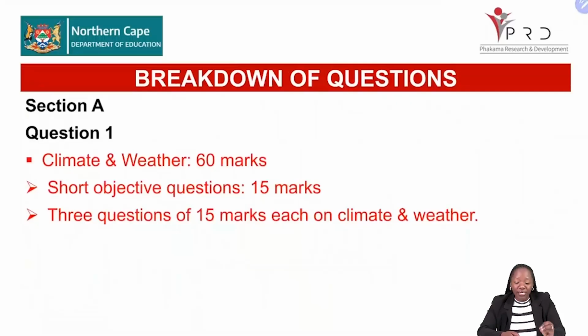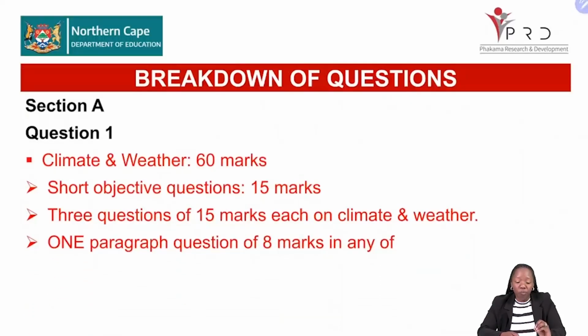Then amongst these 3 subtopics, in those 3 figures, there will be 1 paragraph question. The paragraph question, remember, you're supposed to give full 4 responses for you to claim all that 8 marks.